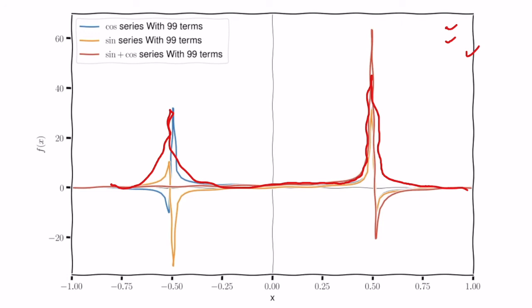So we have the function which goes like this, and then goes like this here. So that is the nature of the function. This is natural, we cannot avoid it. All the functions represented by a cos series will have to be even, and all the functions represented by a sine series have to be odd, and they have to be 0 here.